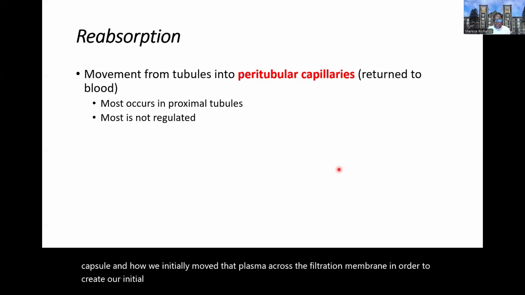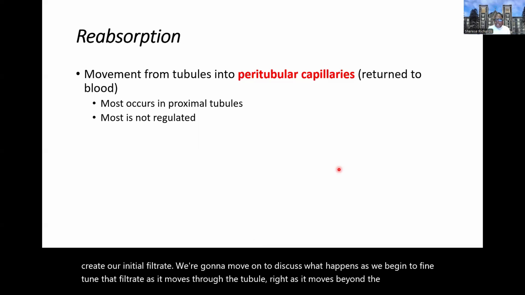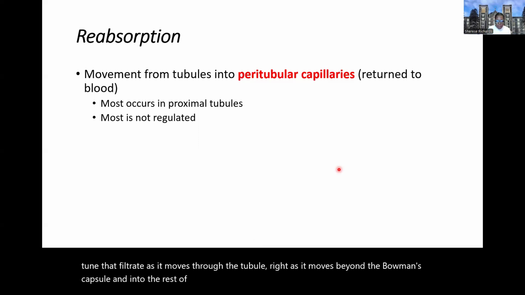We're going to move on to discuss what happens as we begin to fine-tune that filtrate as it moves through the tubule, right? As it moves beyond the Bowman's capsule and into the rest of the tubules of our renal corpuscle. We want to remind ourselves of the peritubular capillaries.